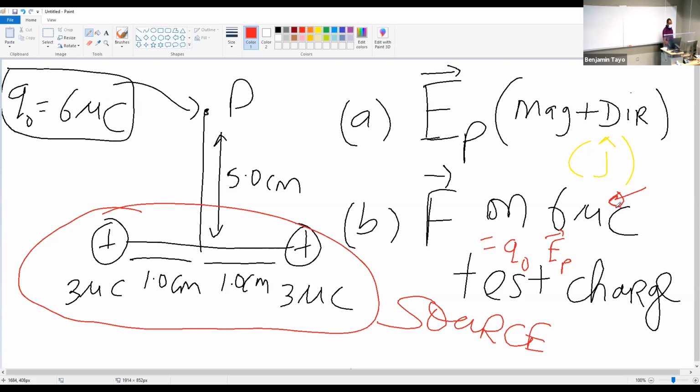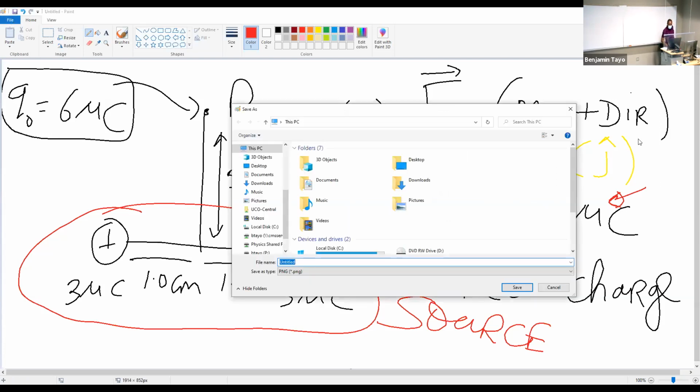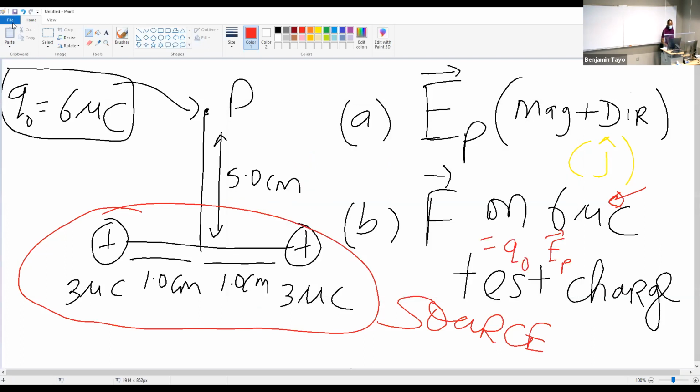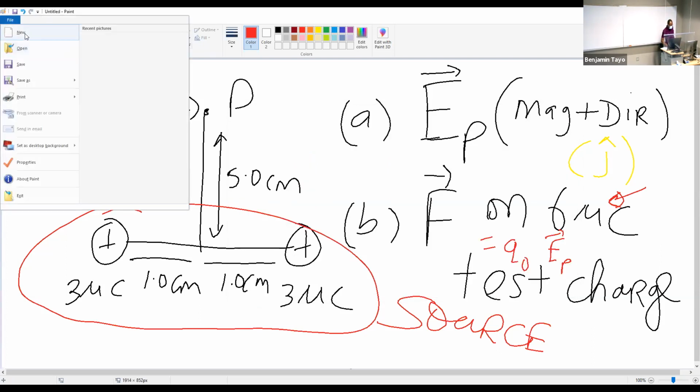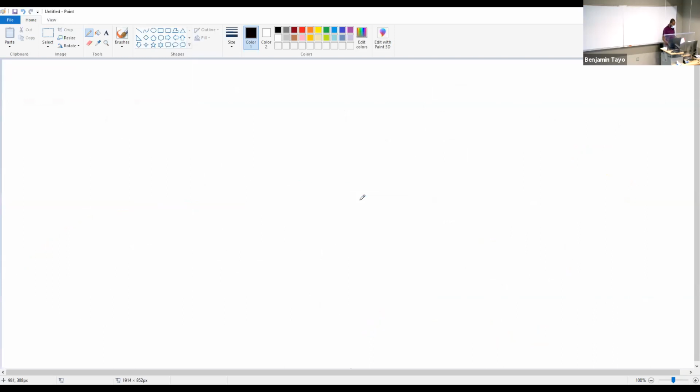All right, so let's solve this one. I'm not going to solve it completely, but let me show you how to solve this. This is my point P right there.